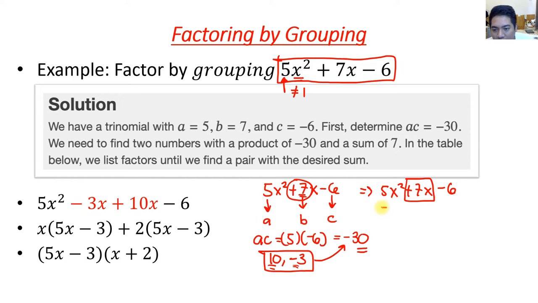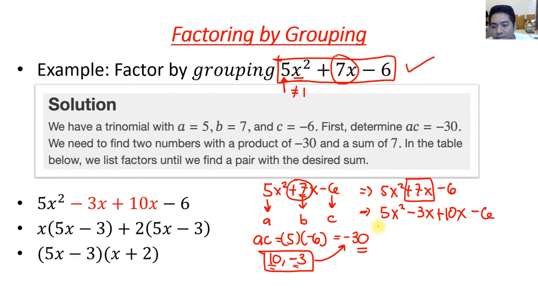So we have 5x squared minus 3x plus 10x minus 6. Notice that we didn't change the original, because if we simplify negative 3x plus 10x, that would still be 7x. So we didn't change anything. We just got the factors.